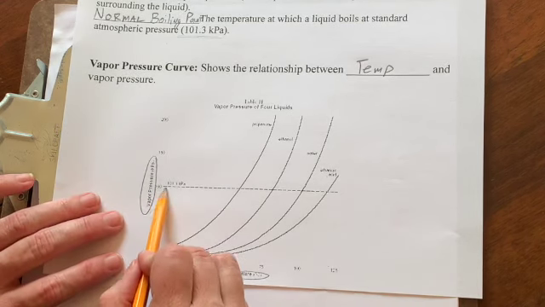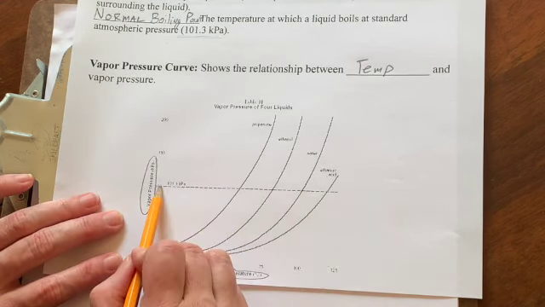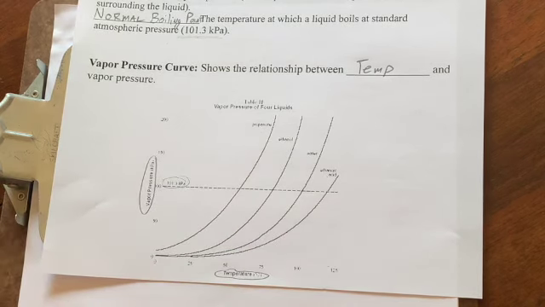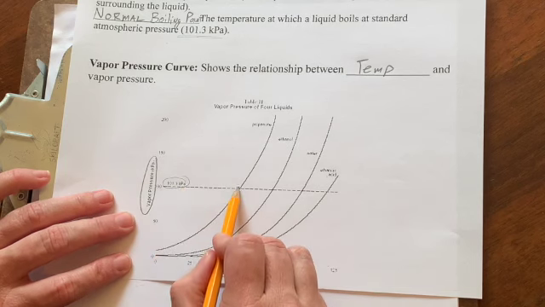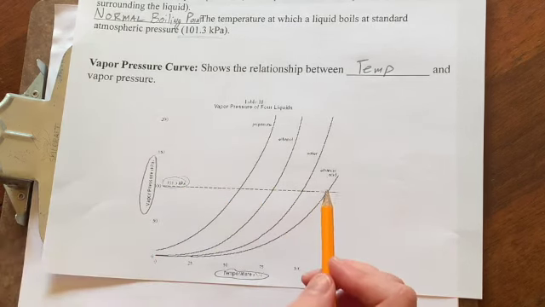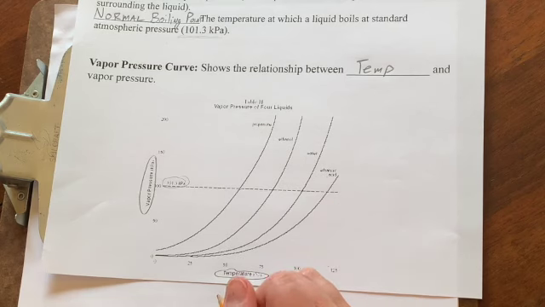Now, what you also have is this dotted line. If you notice this dotted line, they're telling you it is at 101.3 kilopascals. So where this hits this dotted line would be where we would have our normal boiling points for those different substances. That's why that is there.